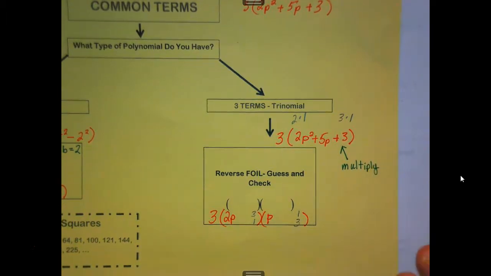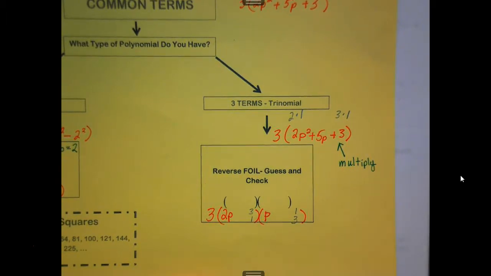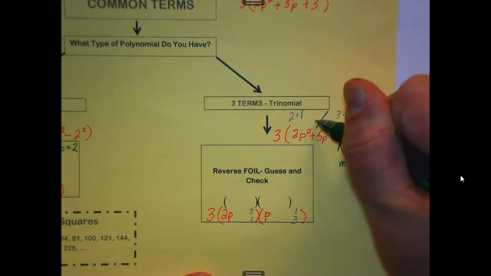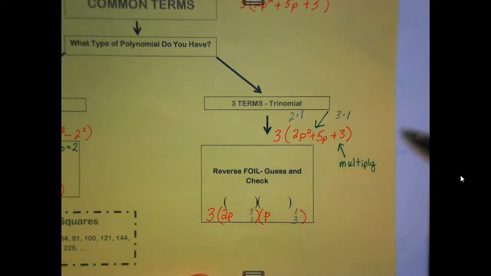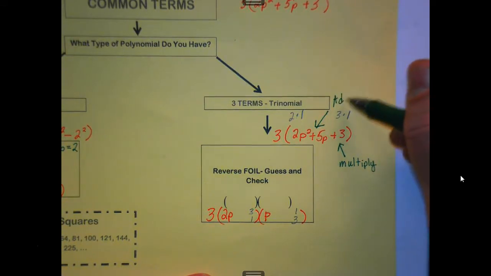What are my choices when I have 2 numbers being multiplied together to get a positive 3? They can both be positive, or they both can be negative. With me? But they have to add up to my O and I, so they have to add up to a positive.